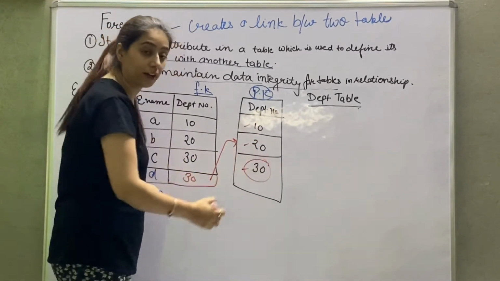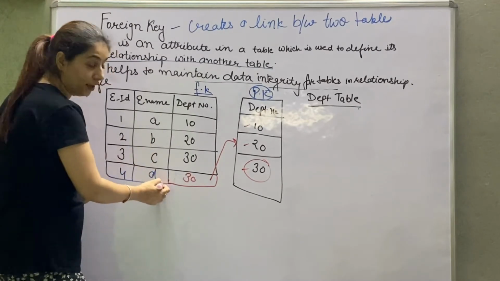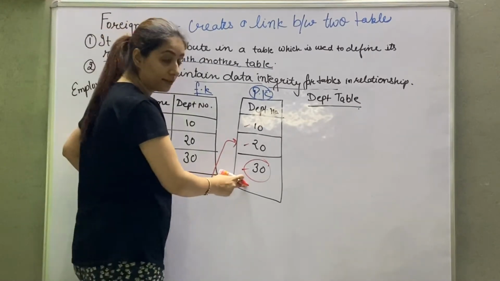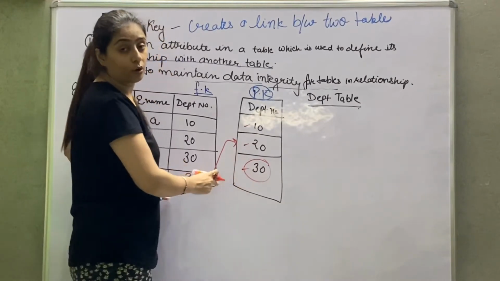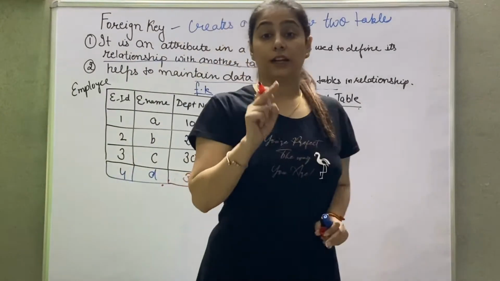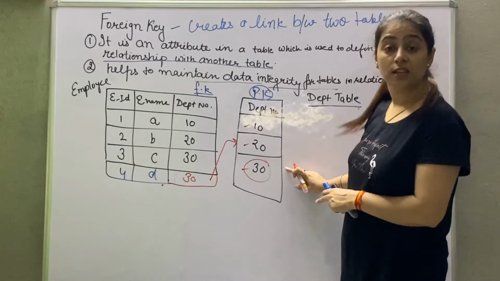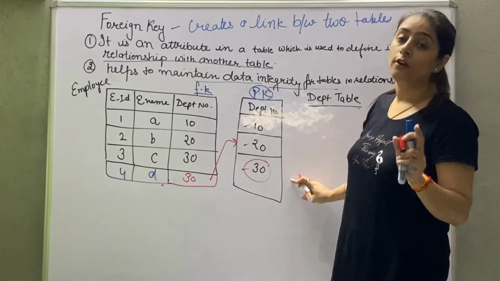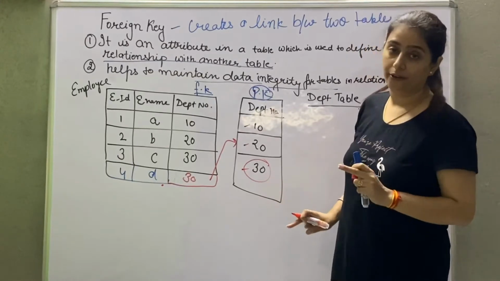Here it finds the 30. It will allow this entry to be added because 30 is existing over here. Whatever is existing, it will allow you to add. But a department number that is not existing in the parent table, the database will not allow you to add.